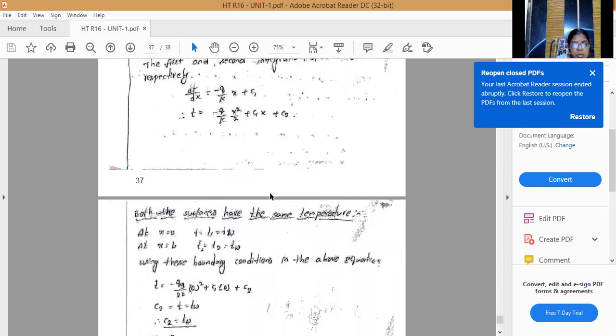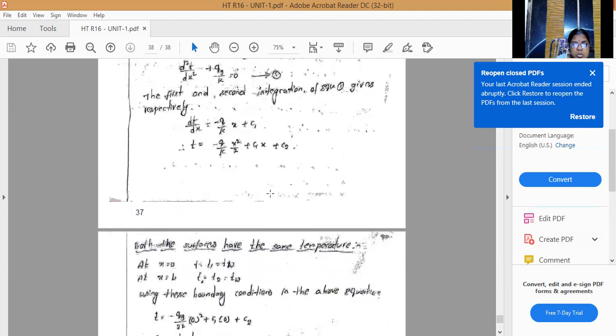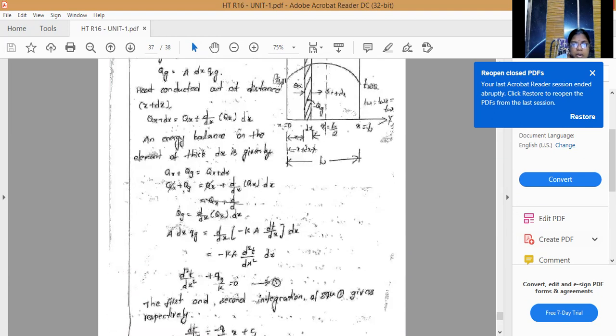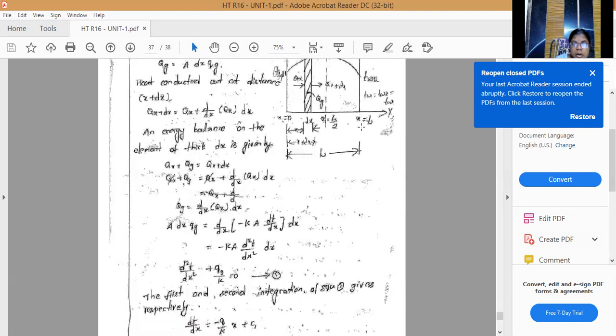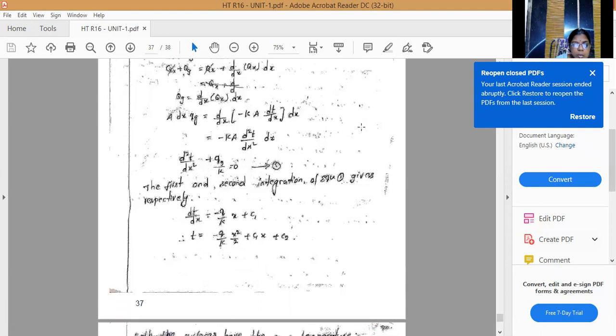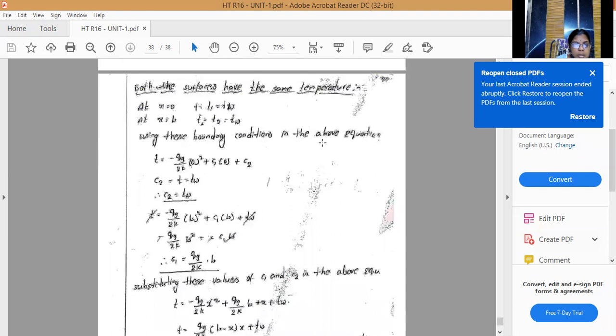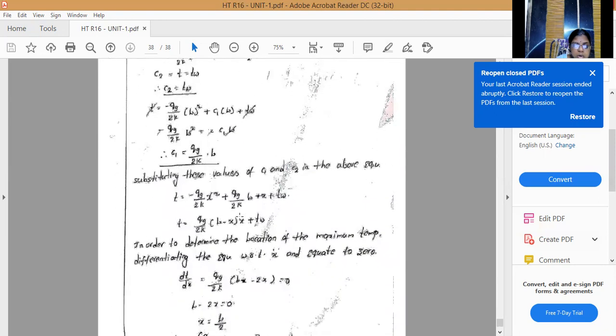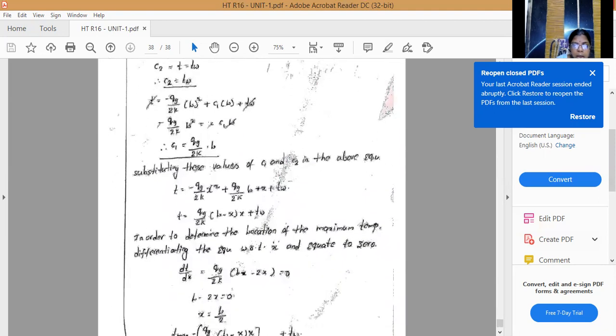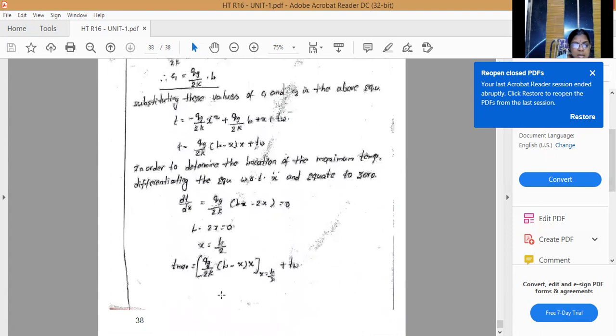When we apply the boundary conditions, at x is equal to 0 the temperature is TW1, and at x is equal to L the temperature is TW2. Applying these boundary conditions, we got the constants C1 and C2, and finally we got the equation like that.